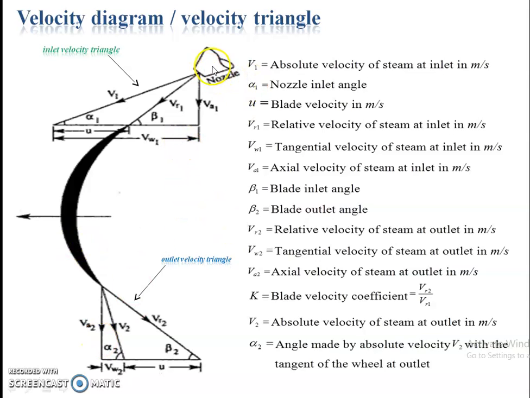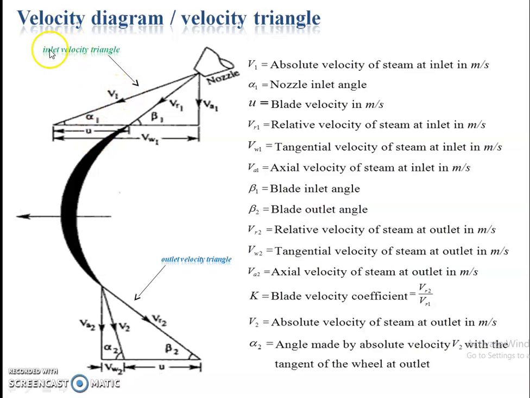Generally, the high velocity steam from the nozzle impinges or glides over the blade, and some force is exerted on it. From the axial motion in the shaft and the circumferential motion in the blade, the blade rotates. As the high velocity steam impinges on the blade, some reaction is formed.